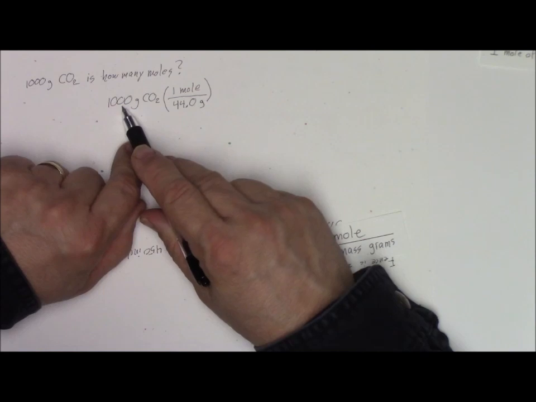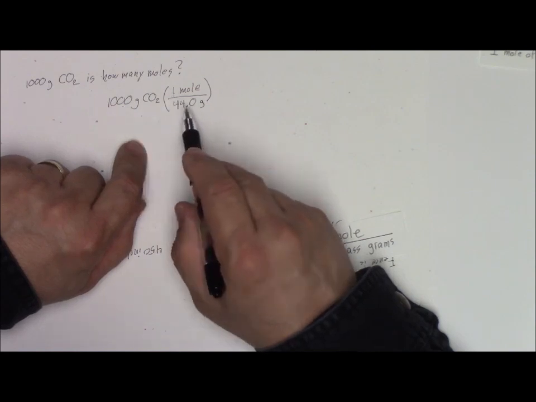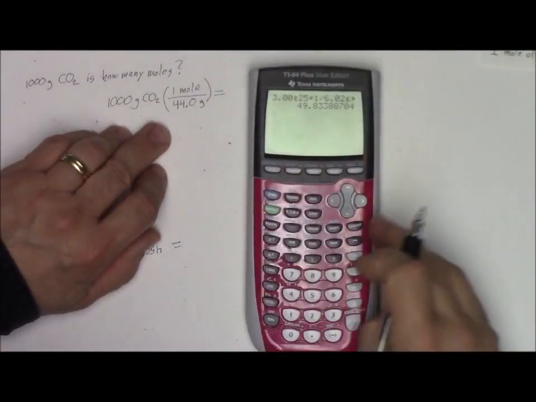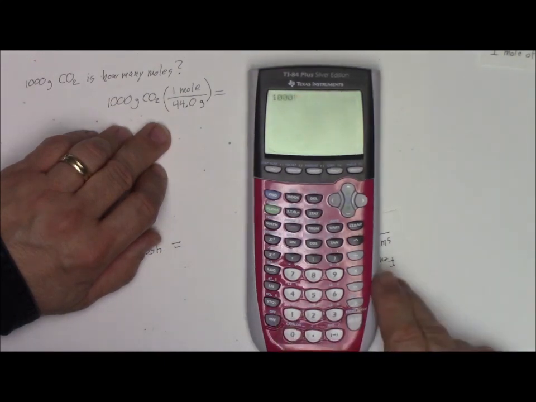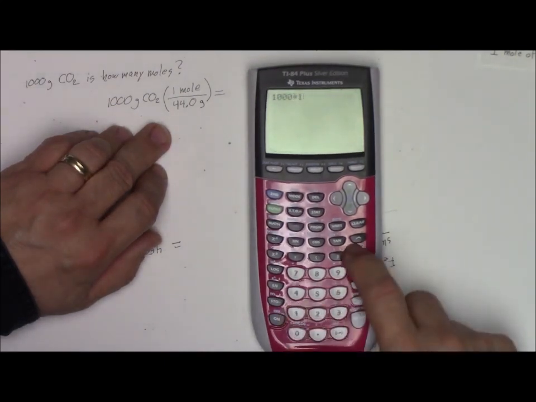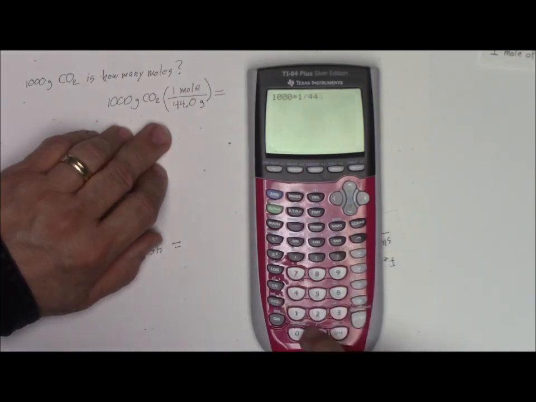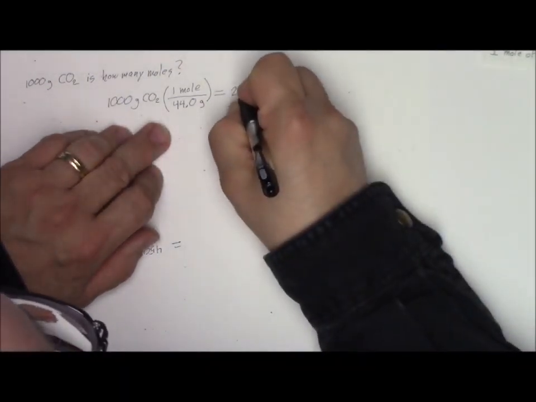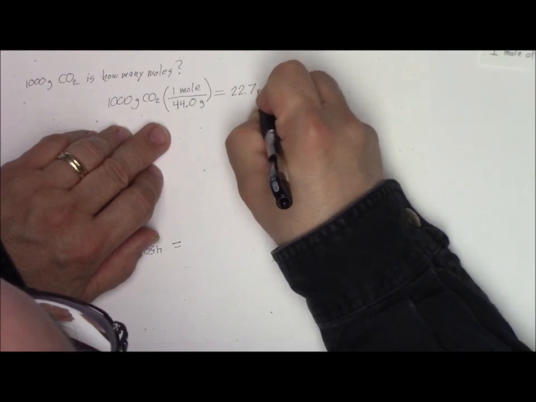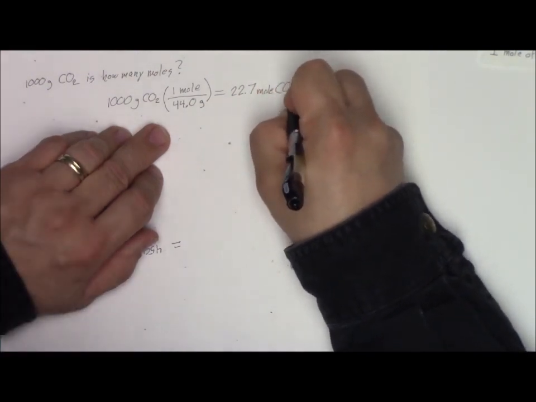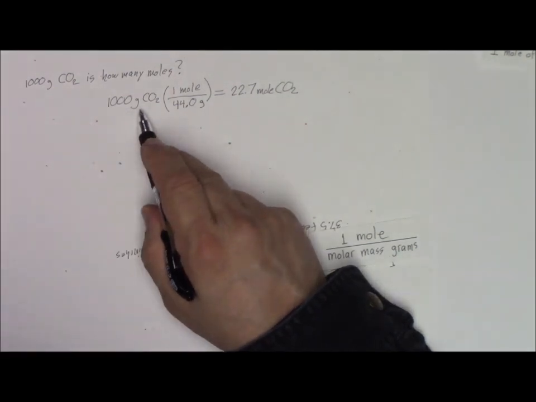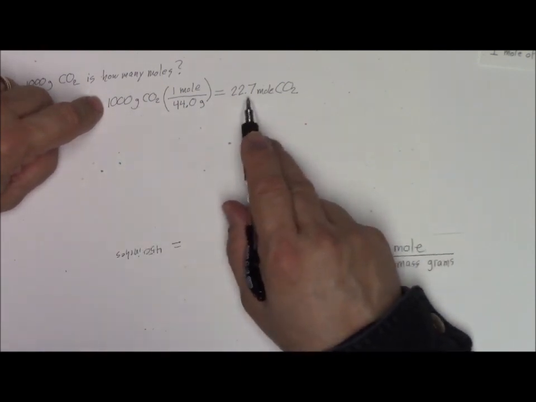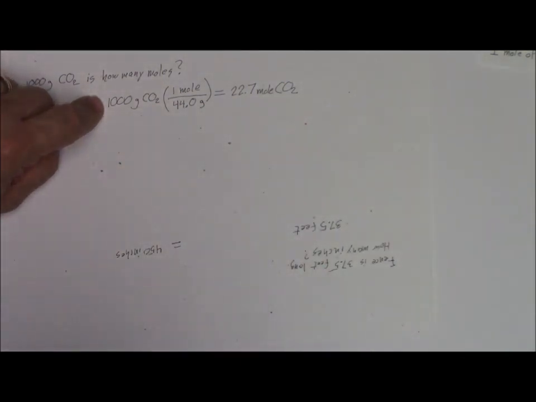Multiplying 1,000 times 1 divided by 44.0 is 22.7. We would have 22.7 moles of CO2. So if we have 1,000 grams of dry ice, that would be 22.7 moles of dry ice.